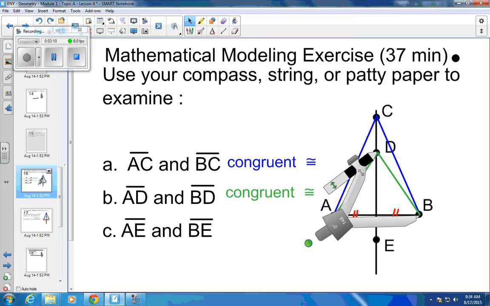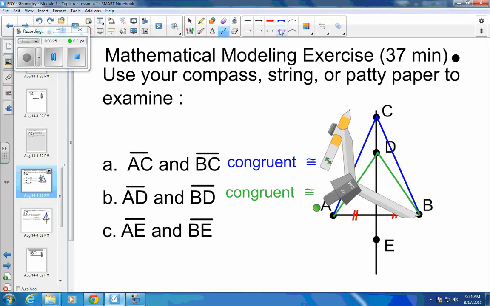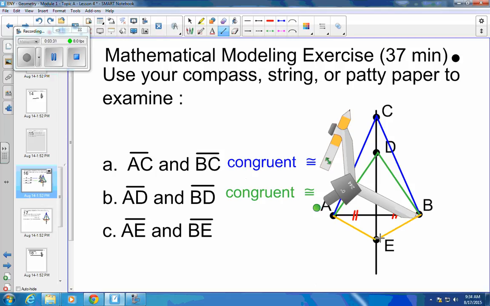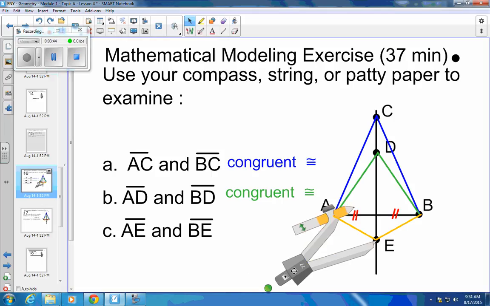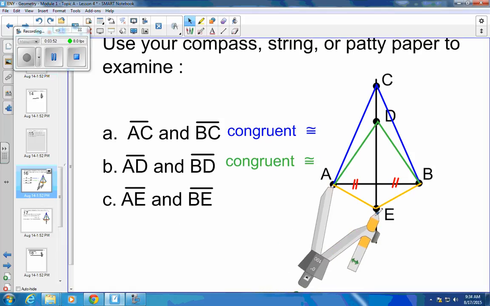And A to E and B to E, so let's look at those. So A to E and B to E, and grab the compass and adjust the compass accordingly so it is a circle of width A to E, a radius.